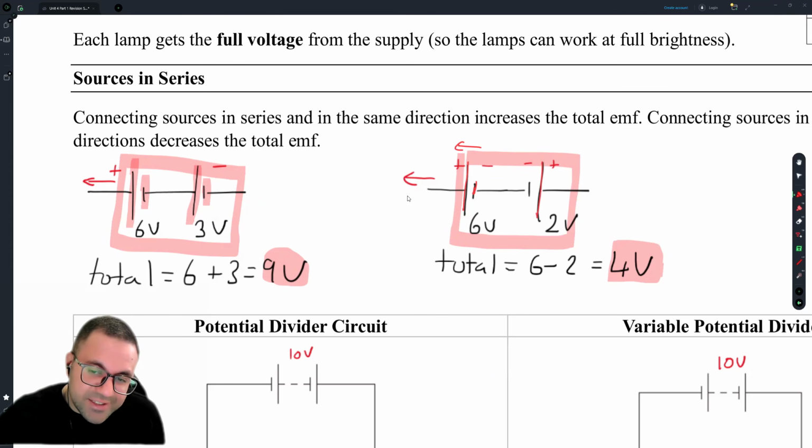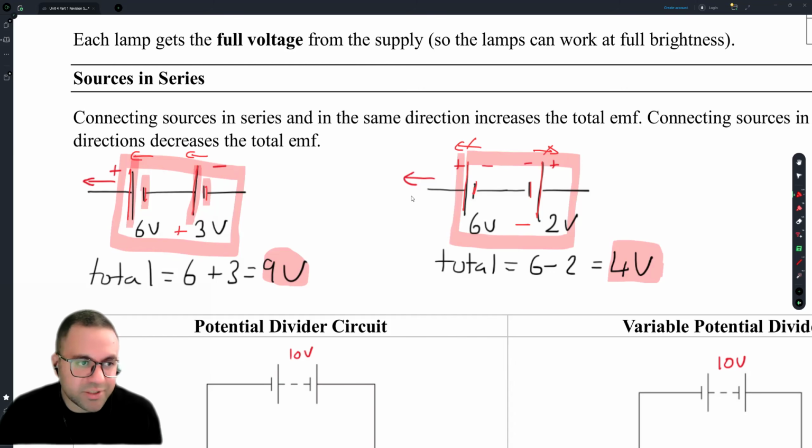The second cell's positive and negative point to the right, which means it's in the opposite direction. These both try to push the current in opposite directions. So what do they do? They cancel out. Instead of adding them, you subtract them. So if the cells are in the same direction, you add them. If the cells are in opposite direction, you subtract them.